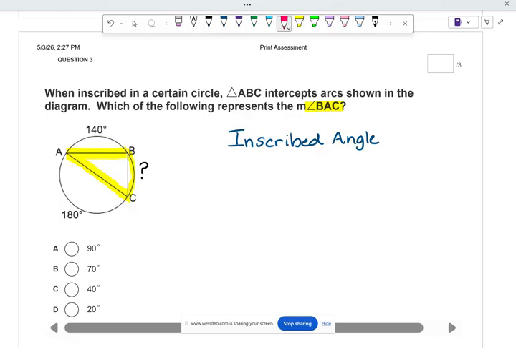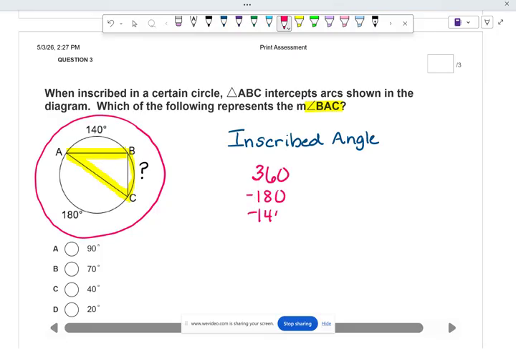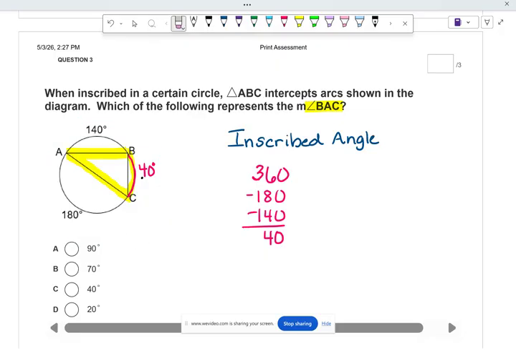All right, we know that the whole entire circle is 360. So if we do 360 minus 180 minus 140, that's going to give us this missing arc BC. And when we do that, we get 40. All right.